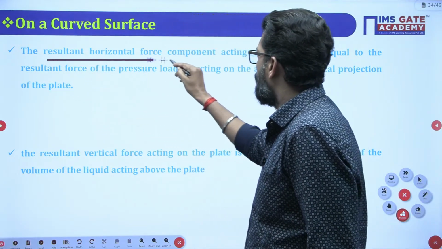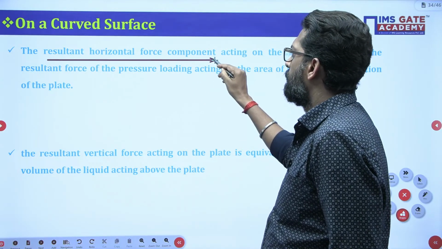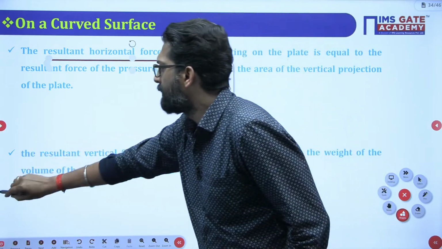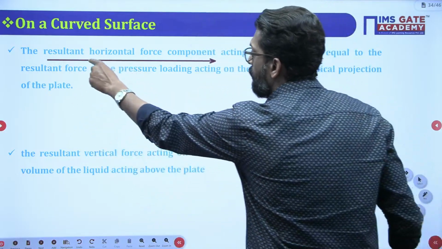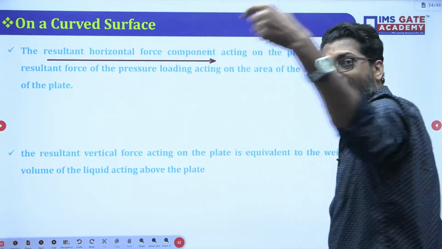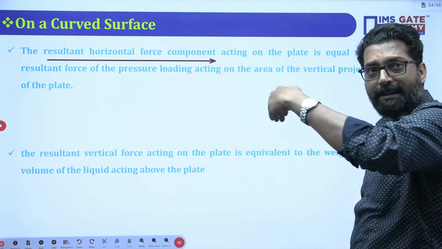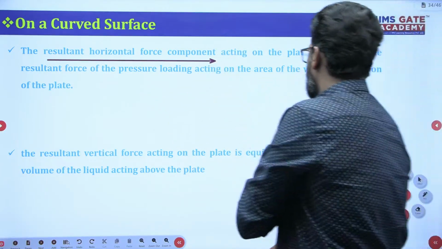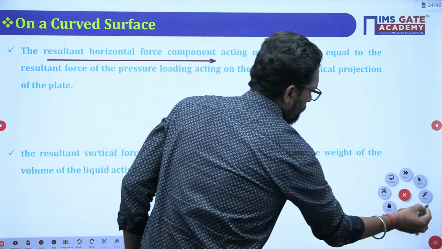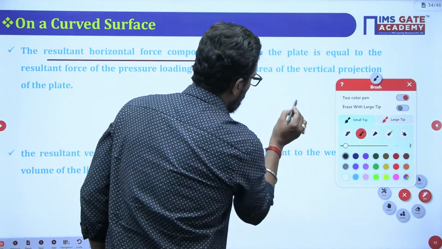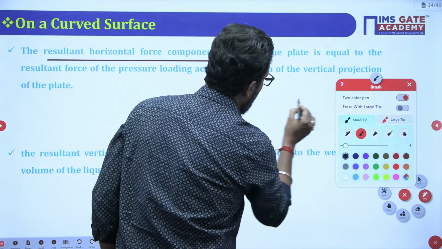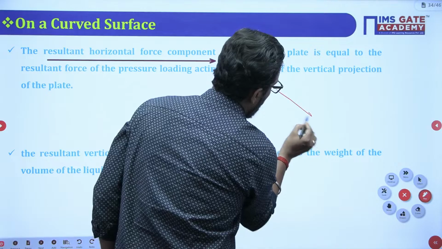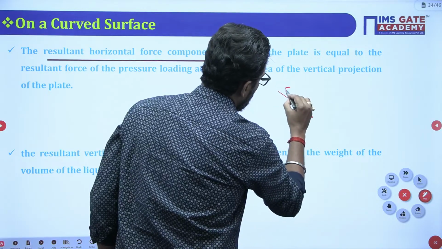the resultant horizontal force component, that means there is a horizontal component. So the resultant, and from that resultant the horizontal component. Let's suppose this is the force Fr, the resultant force.